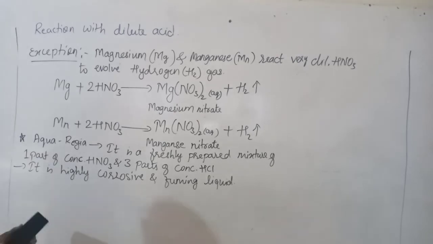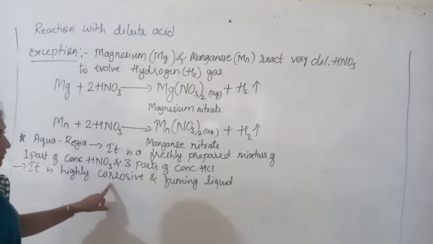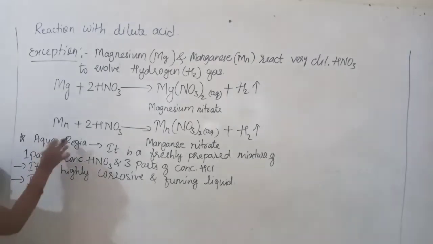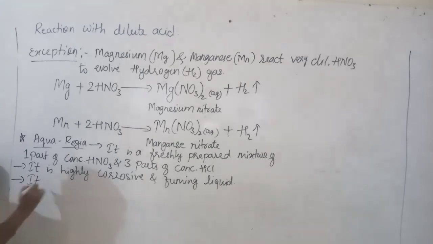It can dissolve even gold and platinum metals. That's why goldsmiths use this liquid. It is also, as I told you, royal water.